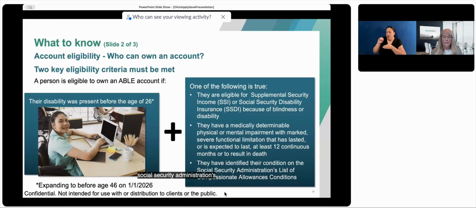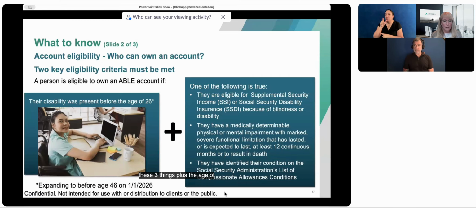So again, one of these three things plus the age of disability's onset. And great news, coming January 1st of 2026, that age limit will actually be bumping up to 46. So remember, you could be on aid, but you don't have to, and having aid is not a requirement.